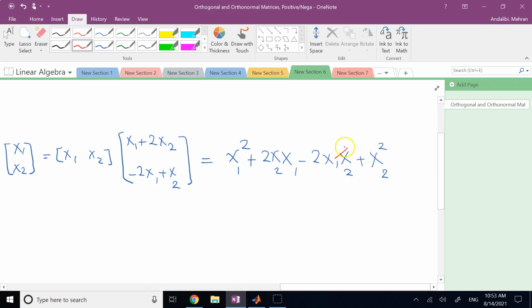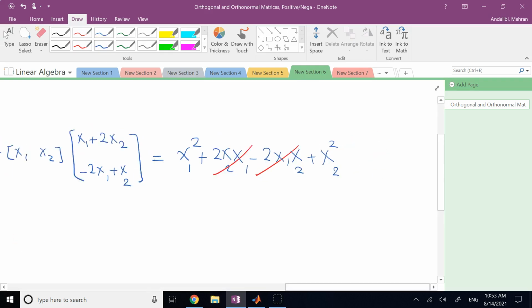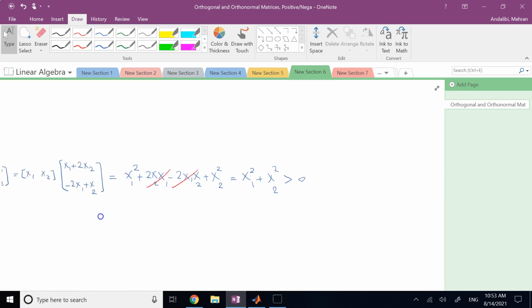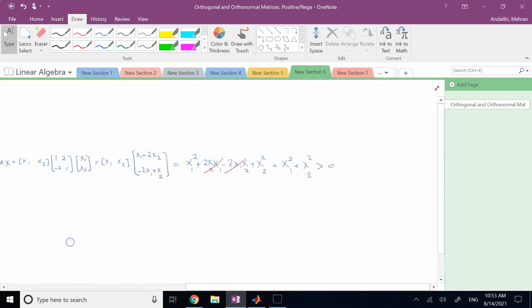These two terms eliminate each other, and the result is going to be x1 squared plus x2 squared, which is always positive as long as x1 and x2 are not both 0. So clearly, this matrix has to be what? Positive definite, right?